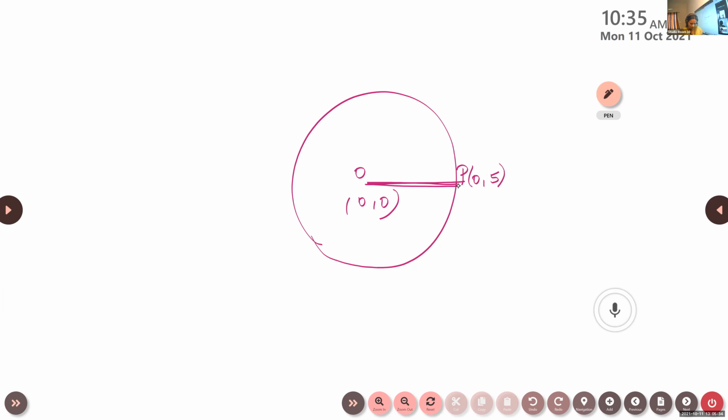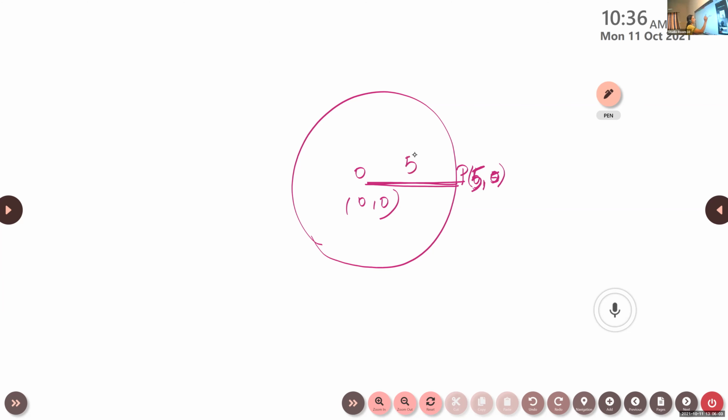And it passes through the point 5, 0. So, what will be the radius? Arjun, what is the radius of the circle? Rosabi, what will be the radius here? Ma'am, 5. 5, very good.